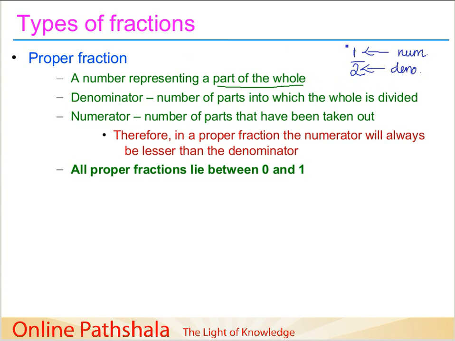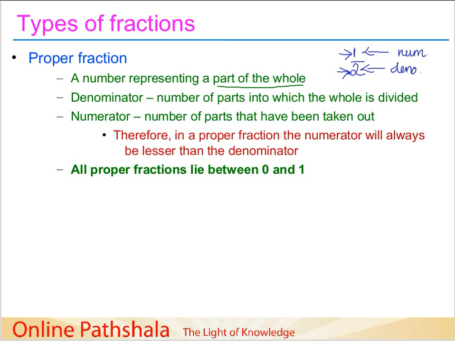Now if you have a look at this closely, the maximum that we can take out from these 2 parts is all the 2 parts, or less than the 2 parts. So essentially, the numerator is always going to be less than the denominator, or at the most equal to the denominator.